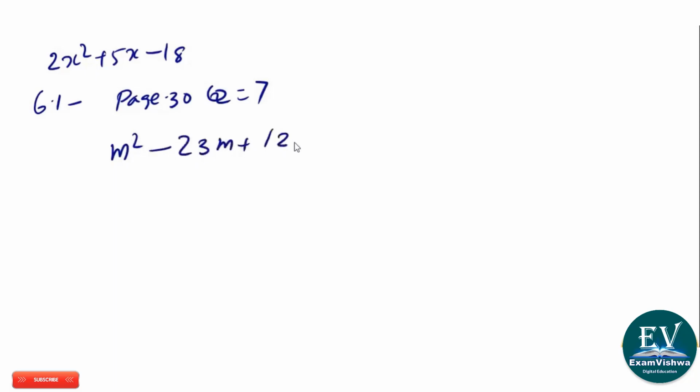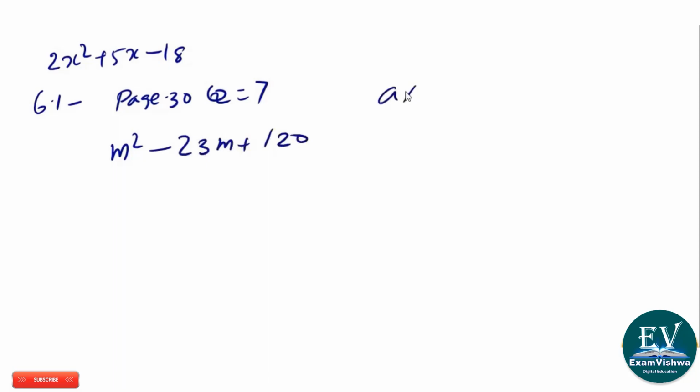There can be a situation like this from your exercise 6.1, page 30, question number 7. The remaining you should find out in your own way how to solve. Just a rough idea about the question: m square minus 23m plus 120.